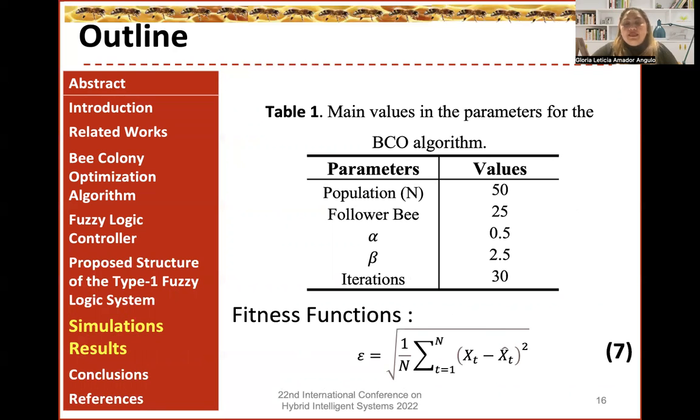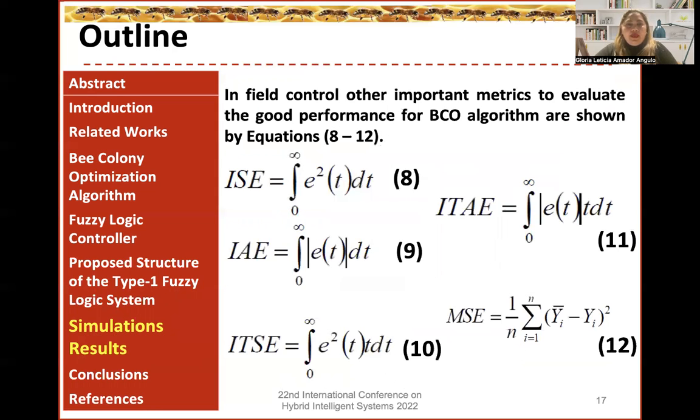In this case, the fitness function is the root mean square error, represented by equation number 7. In control, other important metrics to evaluate the good performance of the BCO algorithm are shown by the following equations.